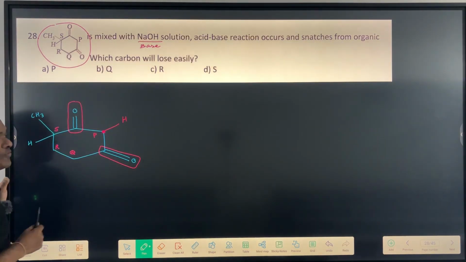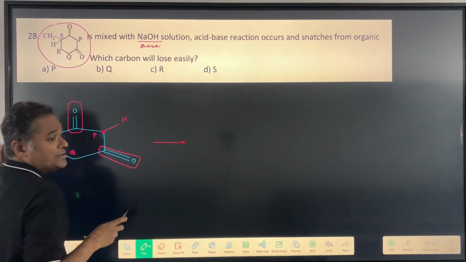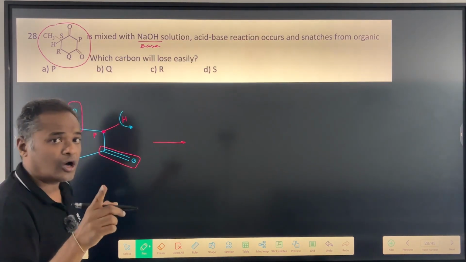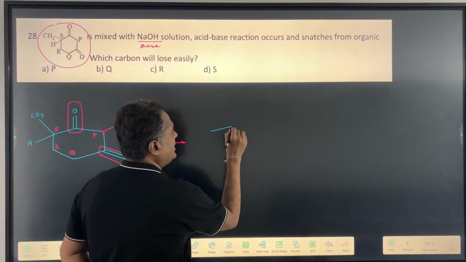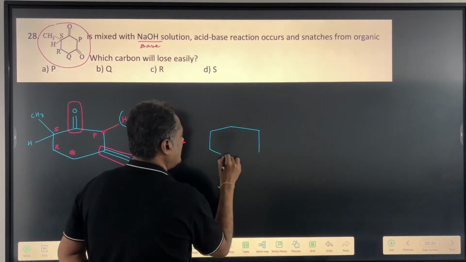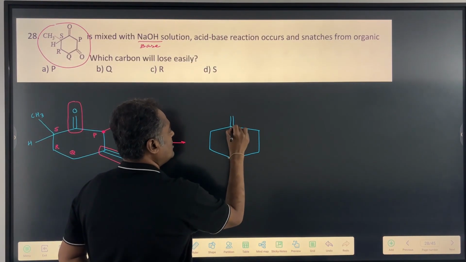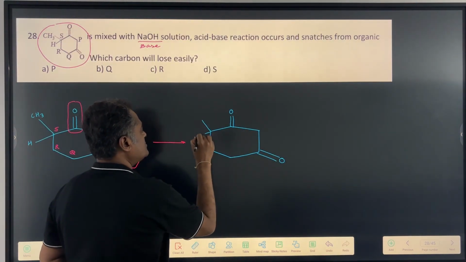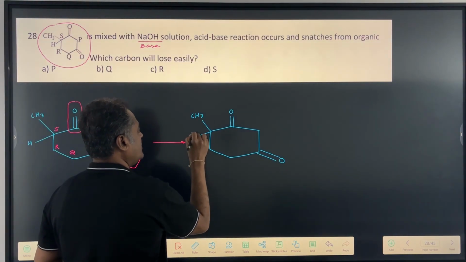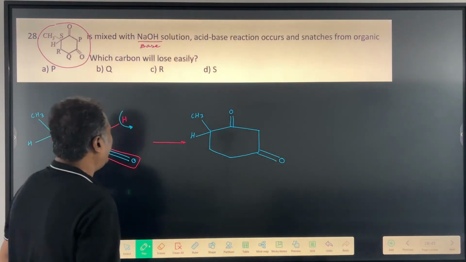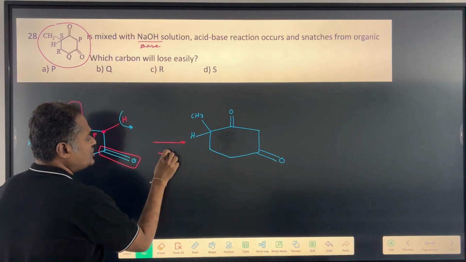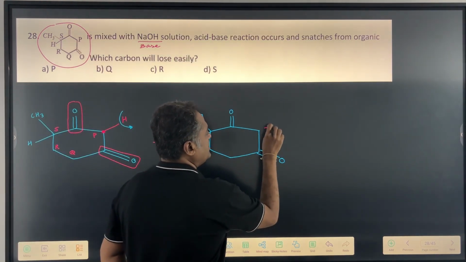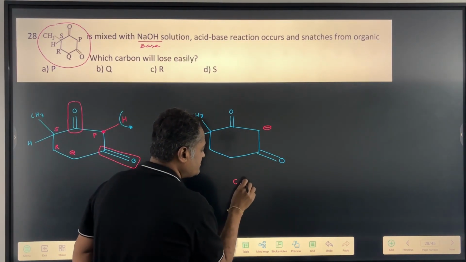Let's understand it one more way. We all know, child, that whenever an acid loses an H plus ion, it forms a conjugate base. So let's start writing the structure of the conjugate base. Here you have a double bond O, here you have a double bond O, and over here CH3 with H. Now I have removed an H plus ion from position P. So will I get a negatively charged ion called the conjugate base?